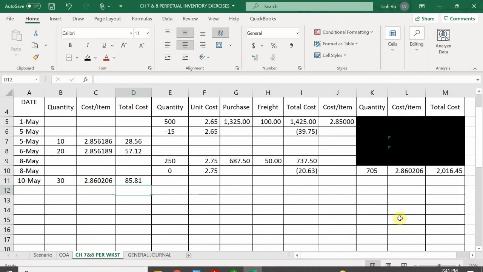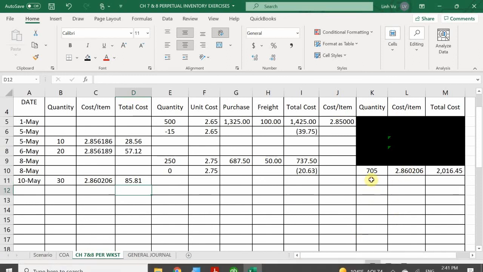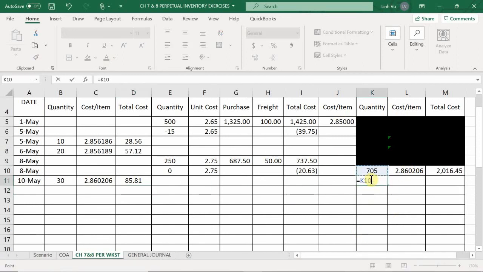So let's update our inventory since we sold 30 mugs. So you should have a new total of $675.